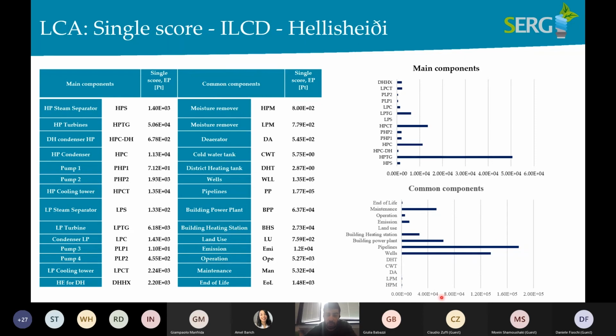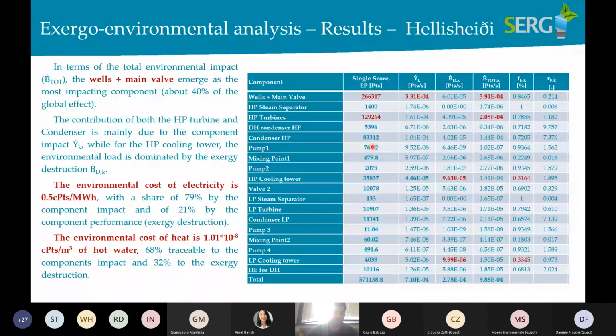Therefore, these single scores were distributed through an exergy destruction method. So each of these contributions can be disaggregated and accounted in each of the main components.